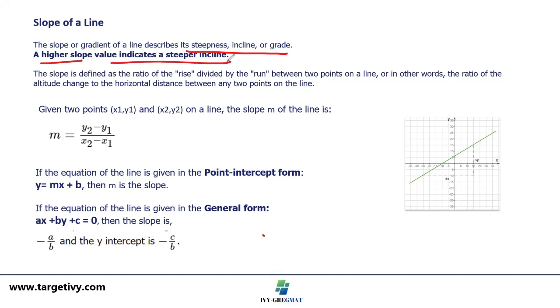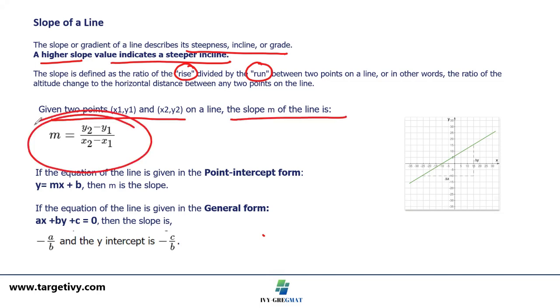Now we'll come to rise and run later on. Rather, let's now focus here: given two points, the slope of the line is m equal to y2 minus y1 by x2 minus x1. If the equation is given in the slope-intercept form, it looks like this, which we learned: y is equal to mx plus b.